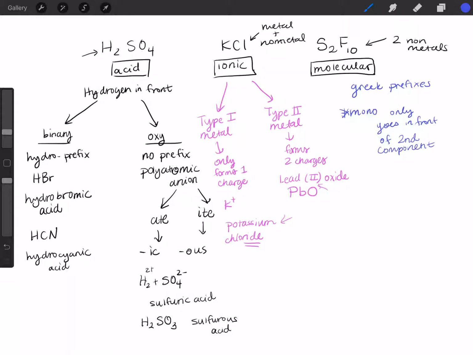So how would I name S2F10? Disulfur decafluoride. So we have di and deca. Deca means 10.